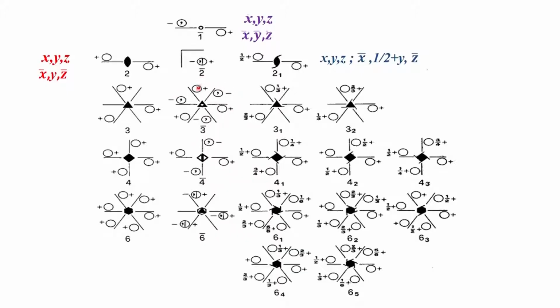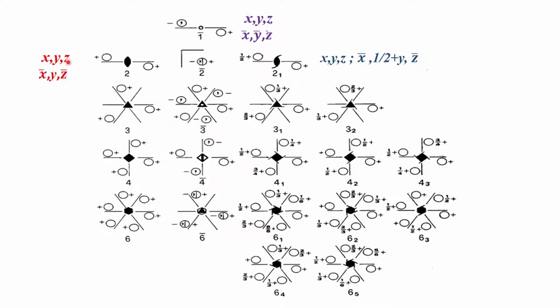Please note that if we now consider a twofold axis and then operate an inversion center about the twofold axis, these two will now contribute to a point group symmetry. That is because there is no translation component involved in any direction.